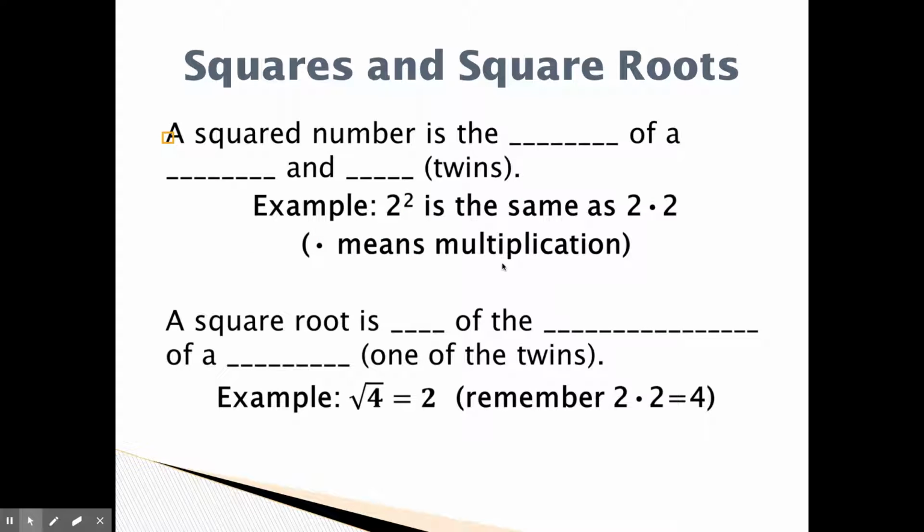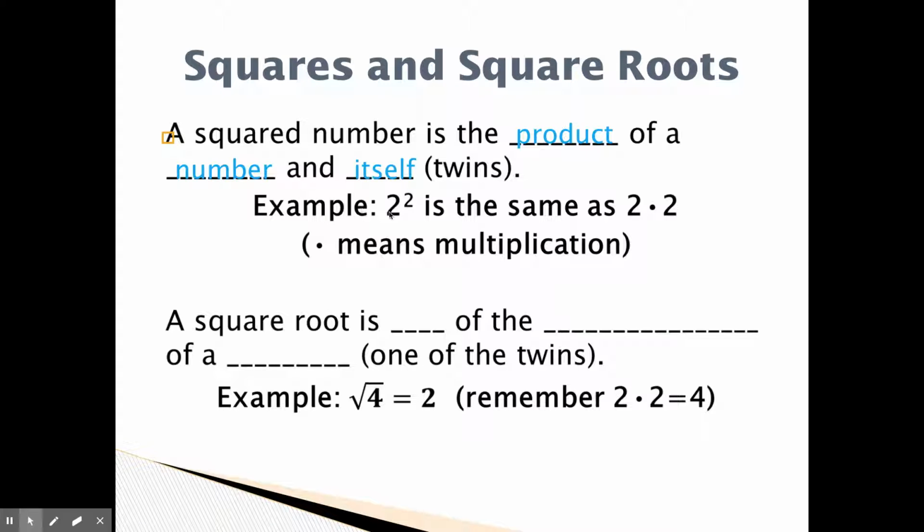All right, so you've seen squares and square roots before. Let's do a little review. A squared number is the product, and that word product means that we are multiplying. So a squared number is the product of a number and itself. They are twins. They're the same number.